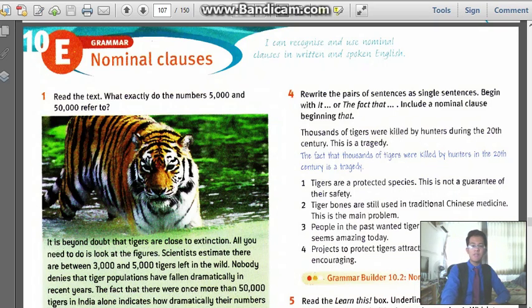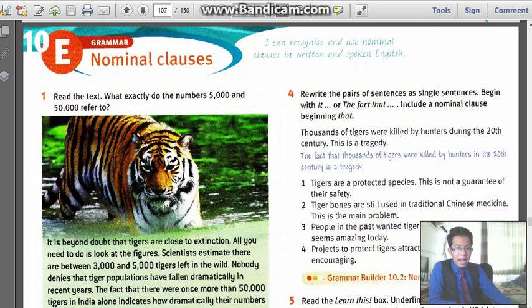As an example, they gave us: thousands of tigers were killed by hunters during the 20th century. This is a tragedy. Rewrite that into: the fact that thousands of tigers were killed by hunters in the 20th century is a tragedy. So easy, right? No need to be complicated.